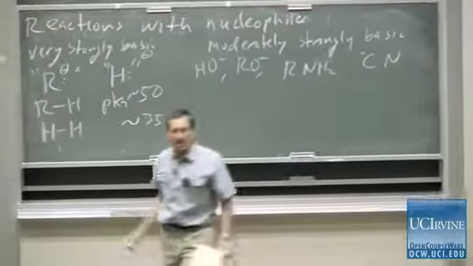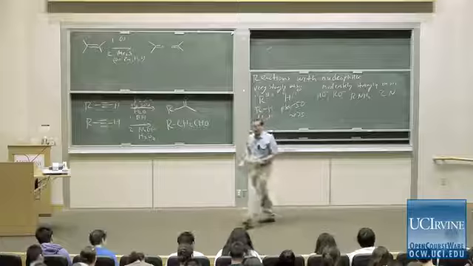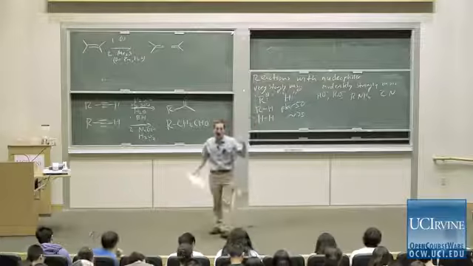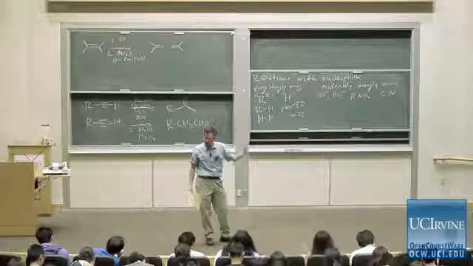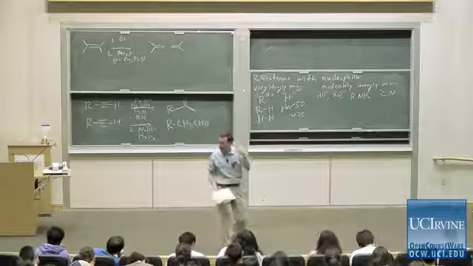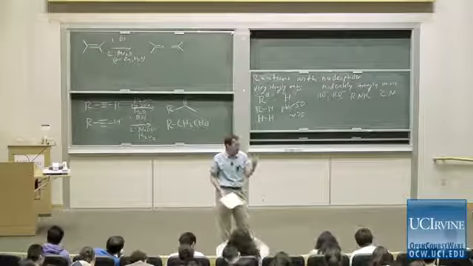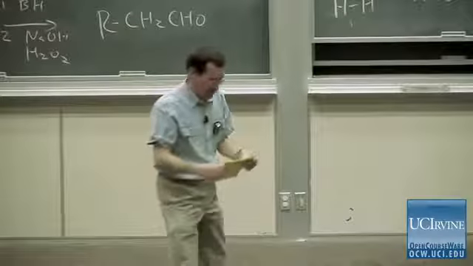Now, all of the conjugate acids here fall in the realm of what you would typically call a weak acid. They're things that you would think of as being a little bit acidic, but not strongly acidic.